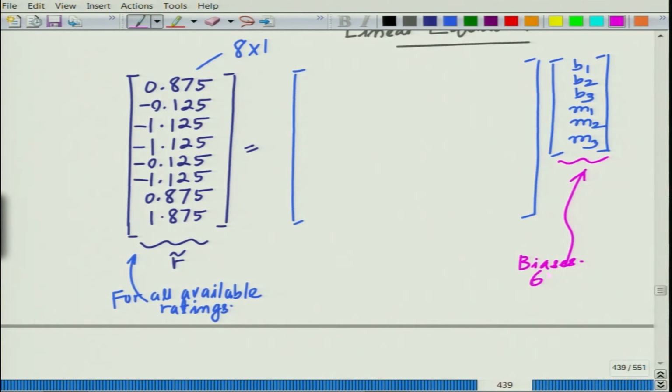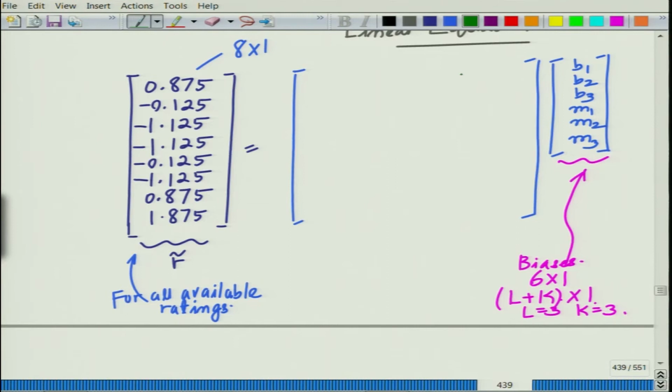So, this is a 6 cross 1 vector, that is L plus K size, with L equal to 3, K equal to 3.